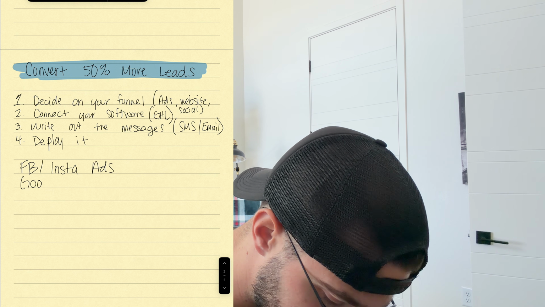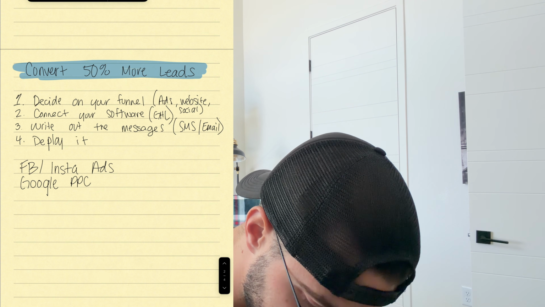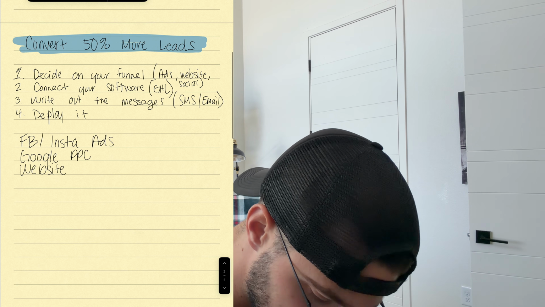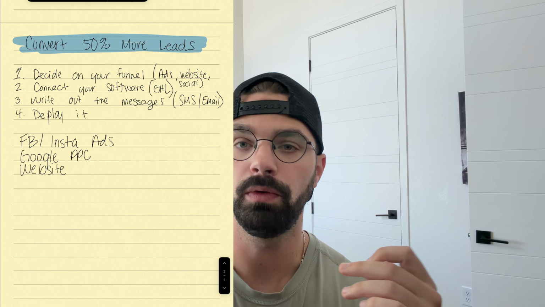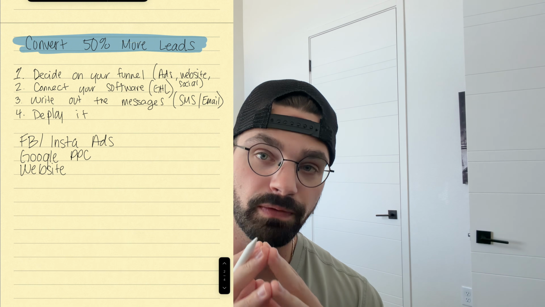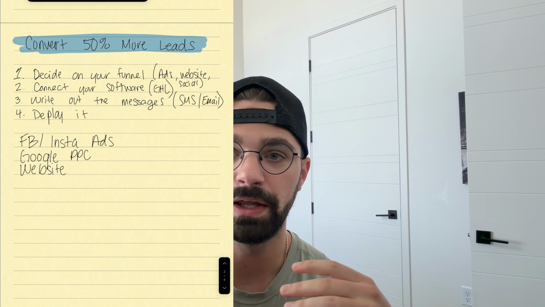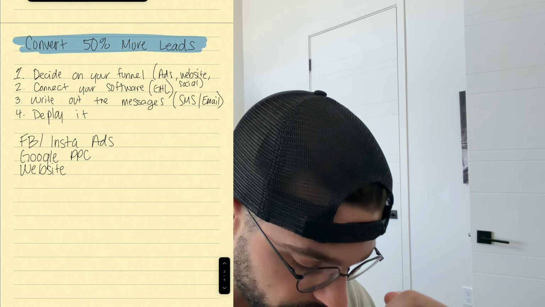Some other guys are running Google PPC, sending traffic to their website. There are various ways you can send people through your funnel and collect these leads. So you need to decide on what your funnel is if you haven't already, and that's the way you're going to start gathering their data and their information.